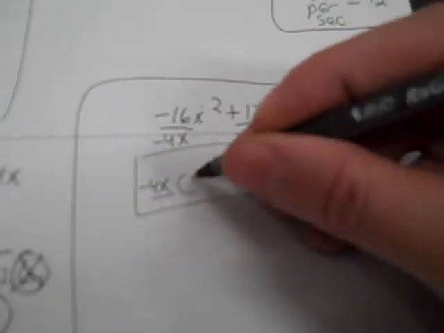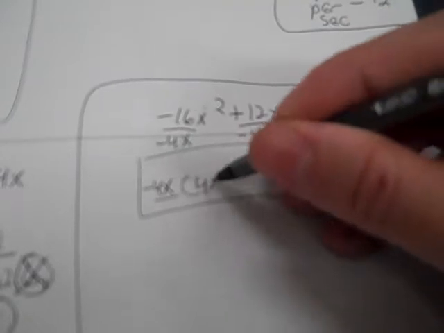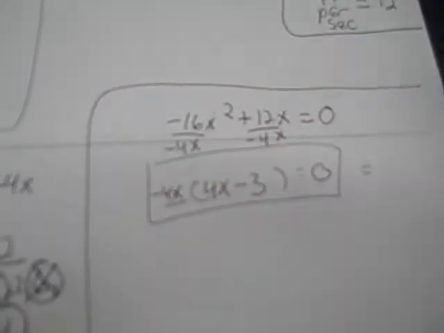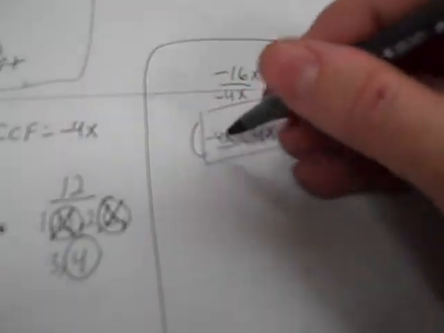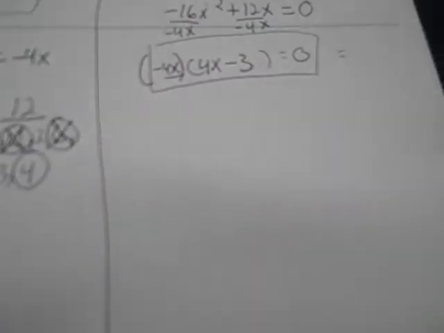I need to factor out a -4x, and then that gives me +4x, and then 12 minus 4 is -3, so -3. Now I parenthesize the GCF, and now I get my two answers, because the equation does have two answers.